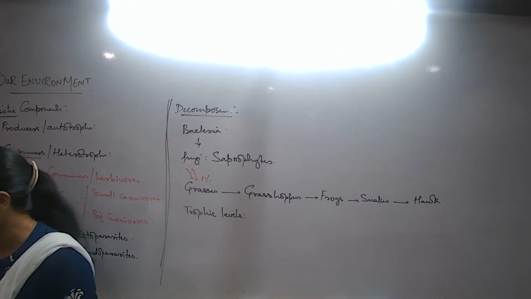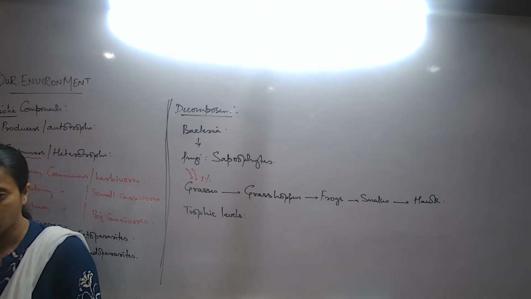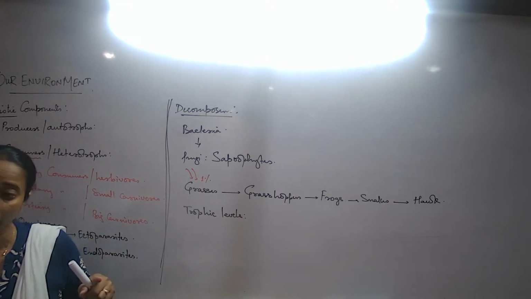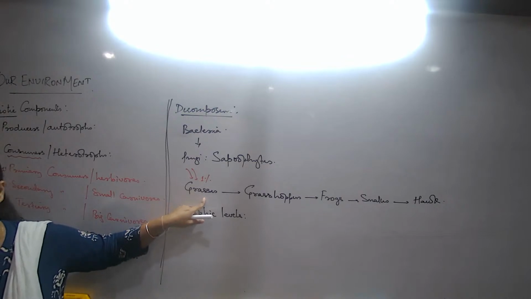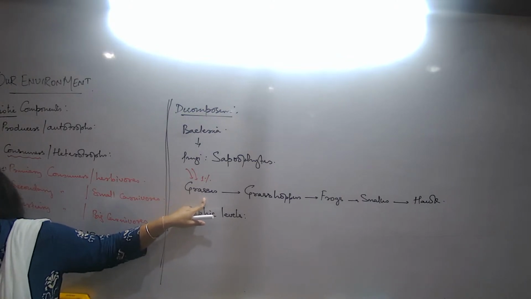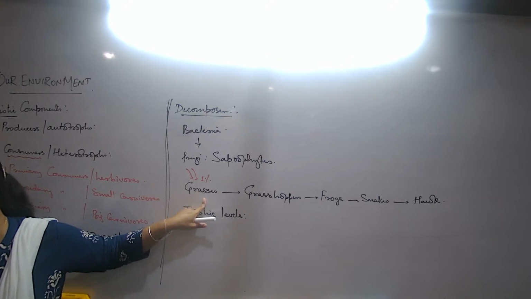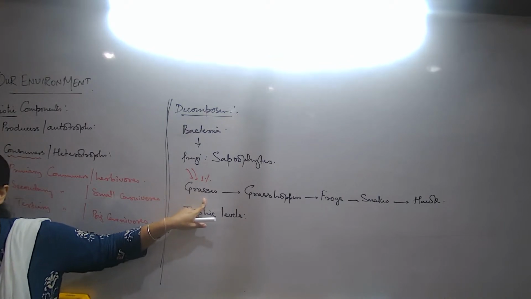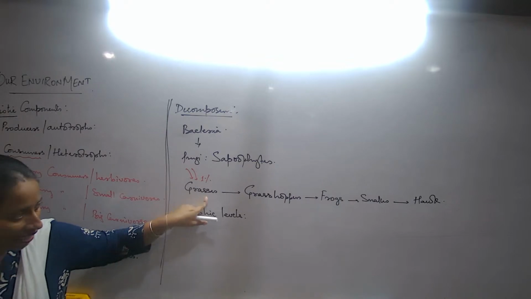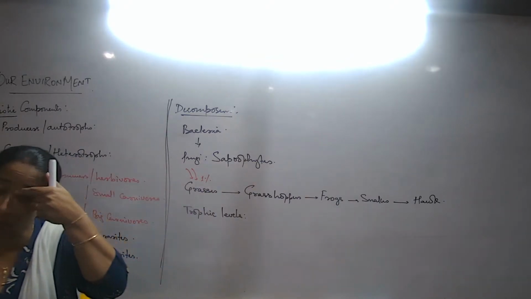But are the grasses able to absorb all of it, or a huge amount of it? No, only 1% of the incident sunlight it is able to utilize to prepare its food. Now that it has prepared food, it has gathered a certain amount of energy. And that is what these organisms are dependent on, one after the other.